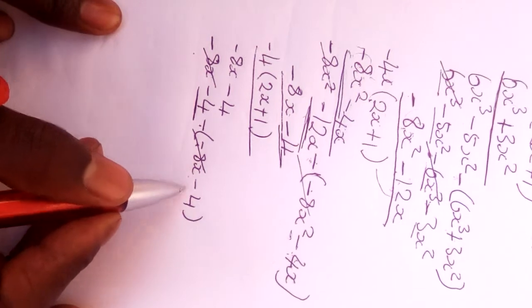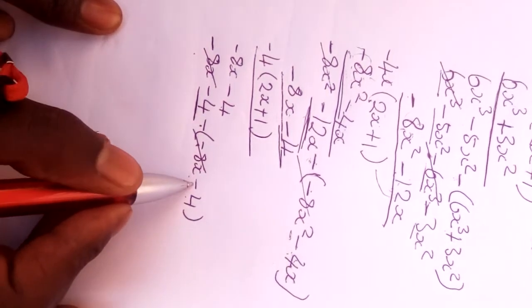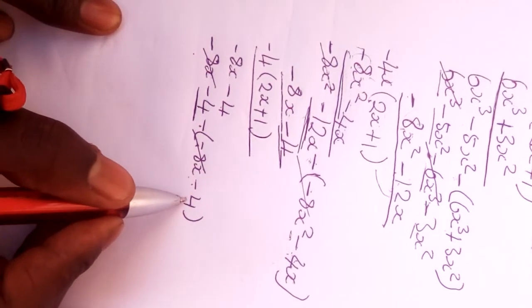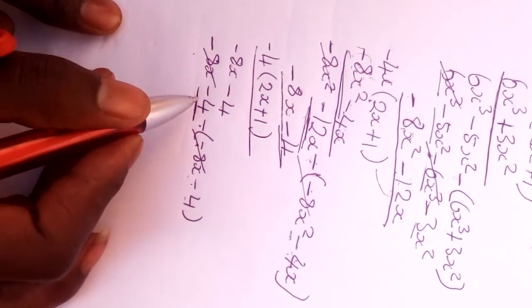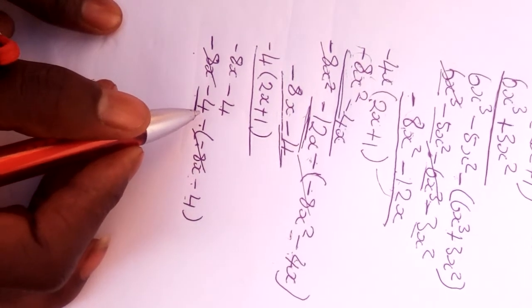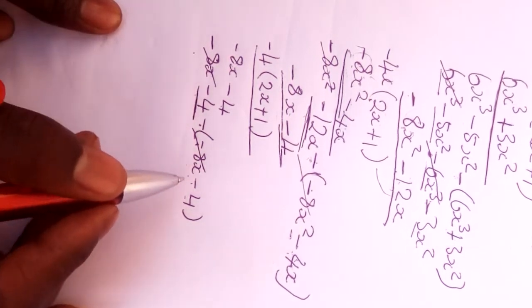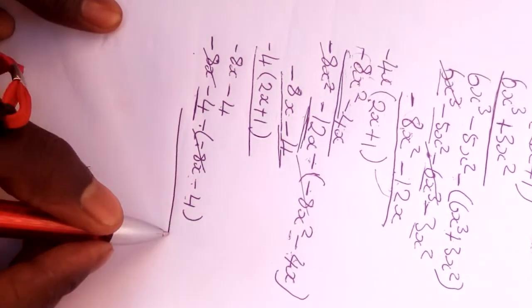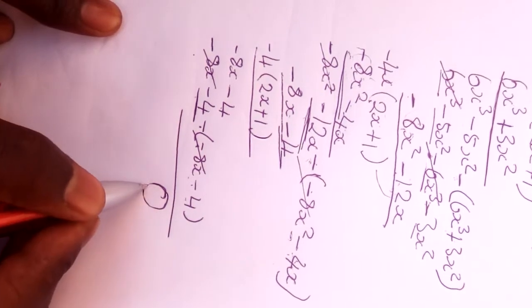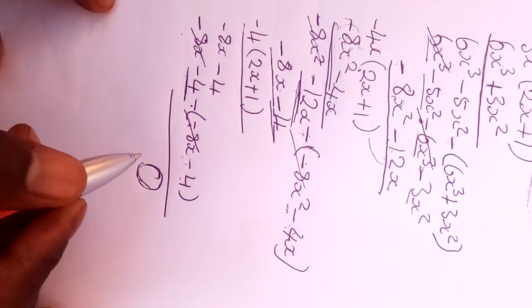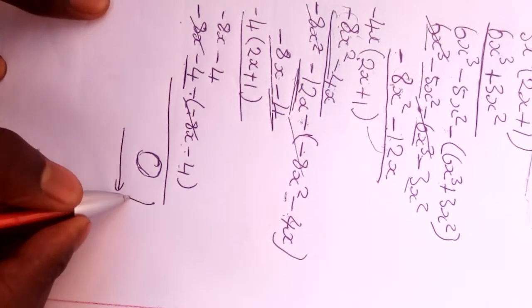Then negative multiplied by negative is positive, and positive 4 with negative 4 gives 0, because they are equal and alike. So it's minus 4 plus 4, and the answer we get here is 0, which is our remainder.